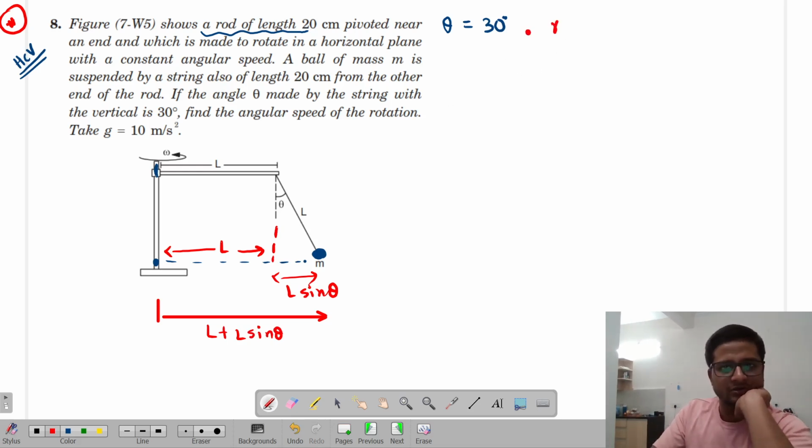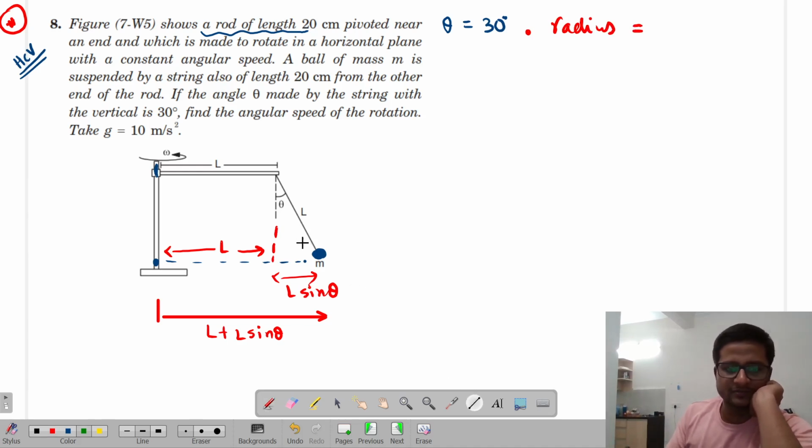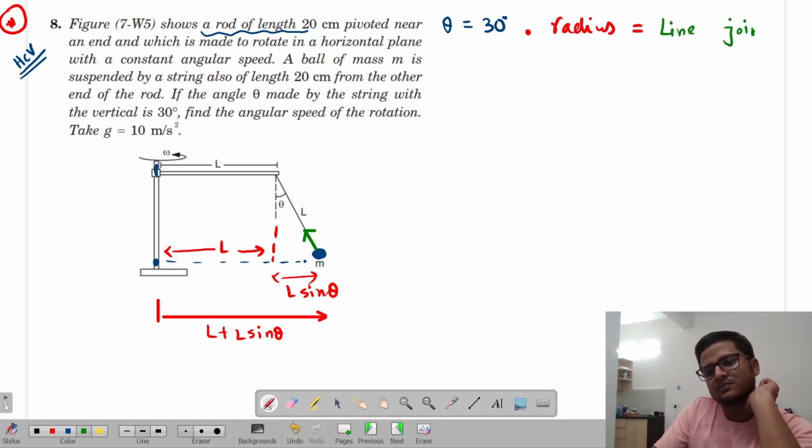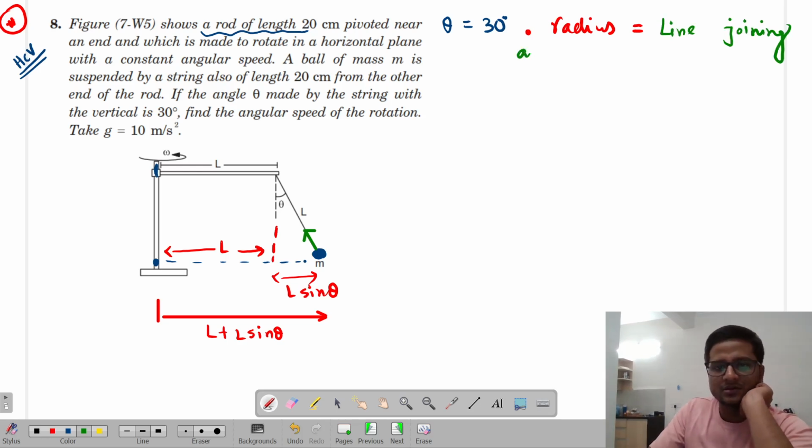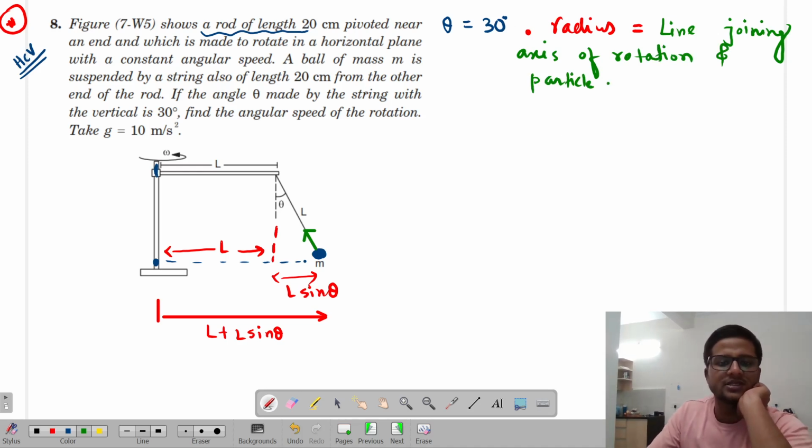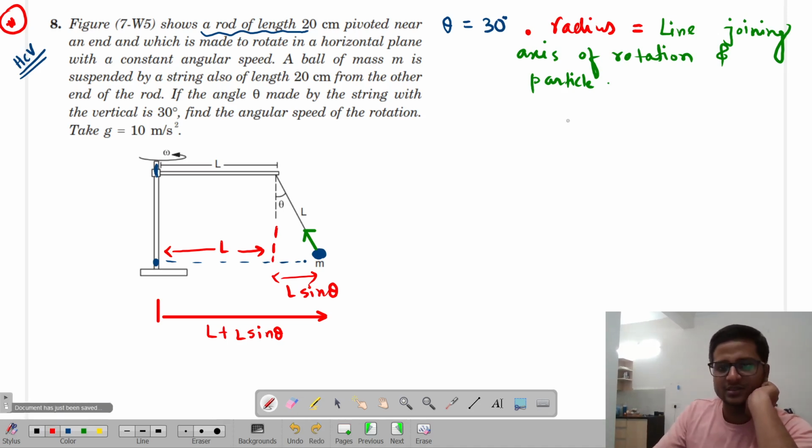Are you able to get me or not? ठीक है, भूलना नहीं कभी अब। So now once again if I say radius is the line joining axis of rotation and particle, ठीक है। This is my radius in terms of this, in terms of omega radius is, ठीक है। How to define radius?